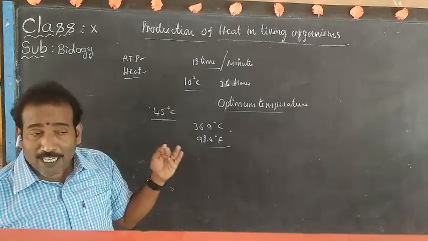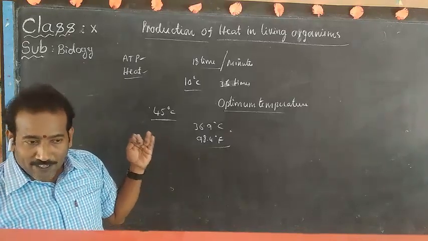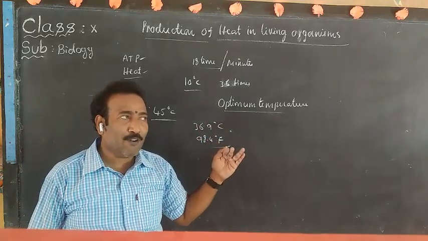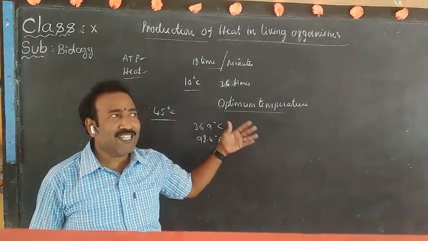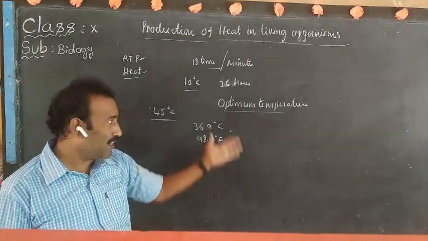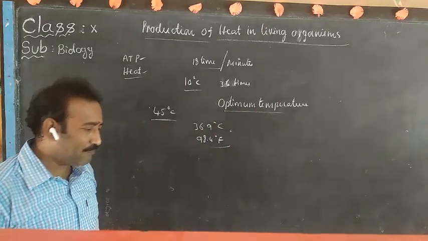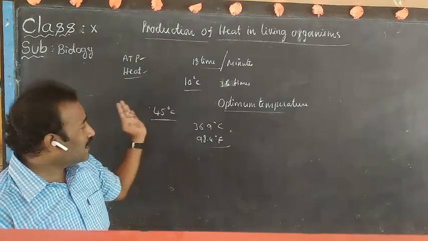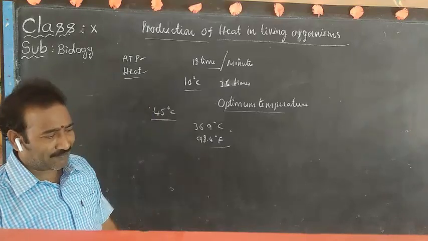We have a constant body temperature because the quantity of heat lost from our body is the same as the quantity generated in our body. How is it possible? Because of respiration. Every living organism produces some amount of energy as heat.